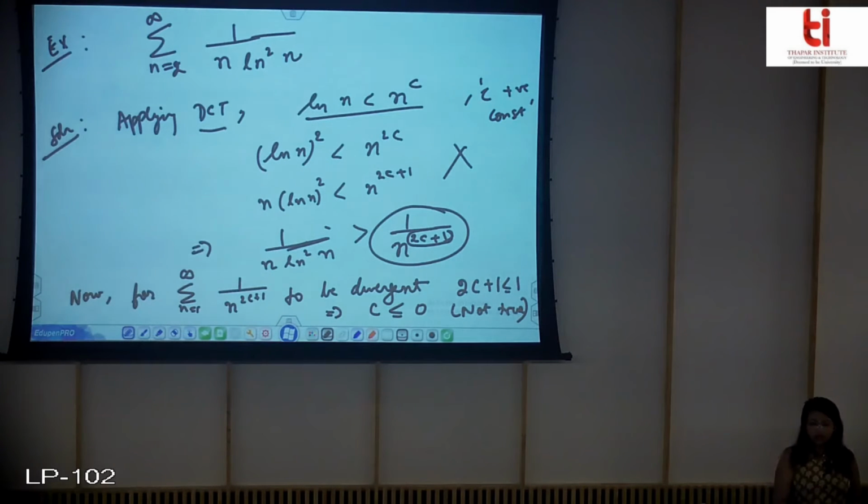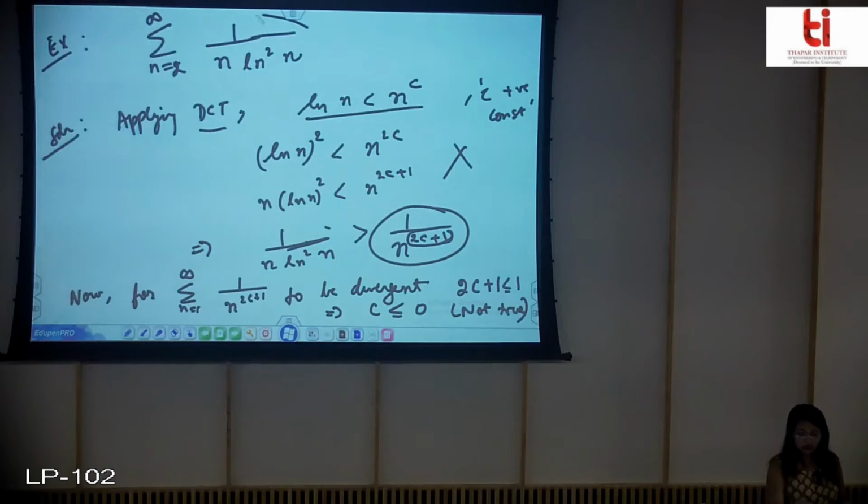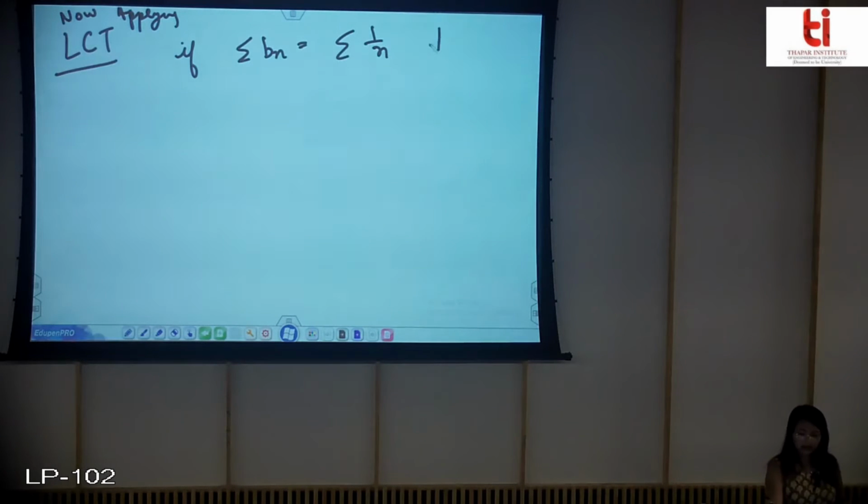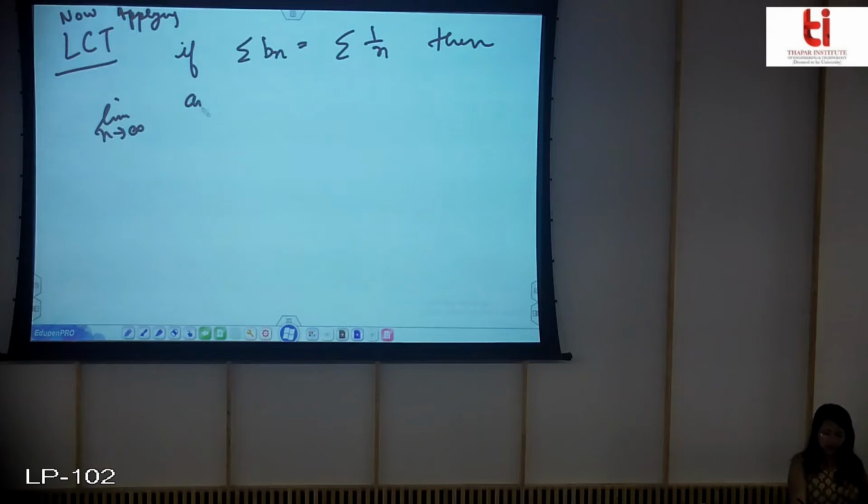So let's try with the limit comparison test. Applying the limit comparison test now, if we see the series, I can make the guess that let's take Bn as 1 by n. So if the summation of Bn is 1 by n, then the limit as n tends to infinity of An by Bn is equal to 0.